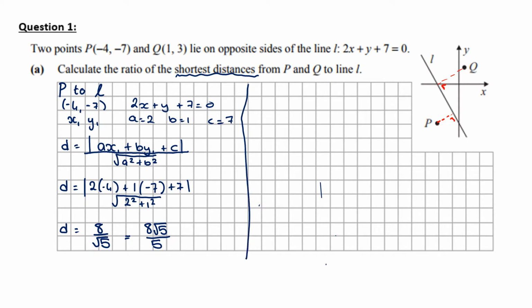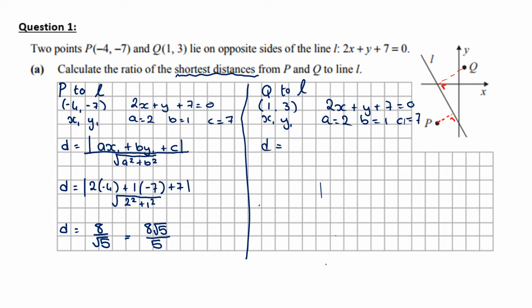So then the second one we want is Q to L. Same formula, but this time we have Q, which is 1, 3, and that's our x1, y1. Our line is still the same, 2x plus y plus 7 equals 0. Again, A is 2, B is 1, and C is 7.